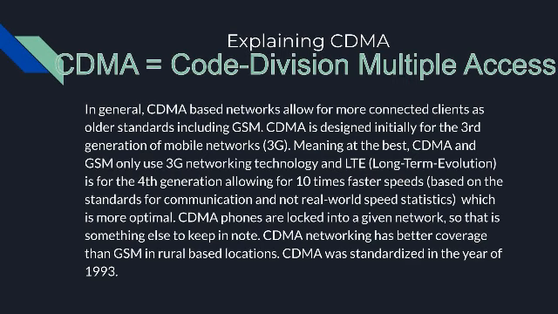CDMA is initially designed for the third generation, for instance 3G, of mobile networks, meaning at the best CDMA and GSM only use 3G networking technologies, and long-term evolution, for instance LTE, is for the fourth generation of mobile networking and in theory allows for 10 times faster speeds based on the standards itself and not any real-world statistics, which is more optimal rather than using older generations such as 2G.